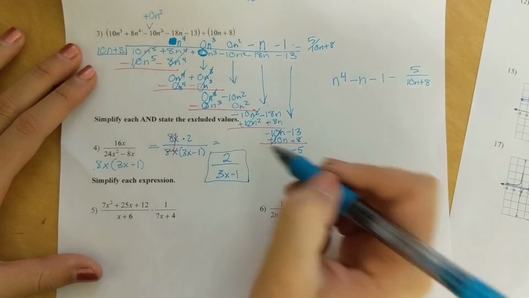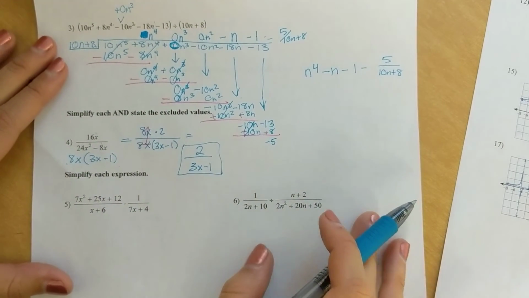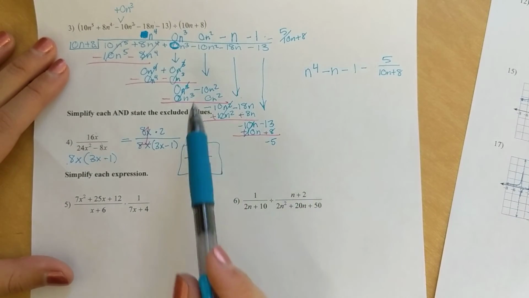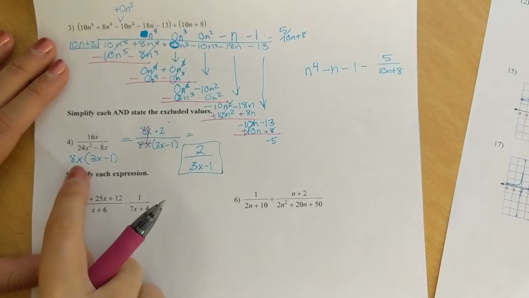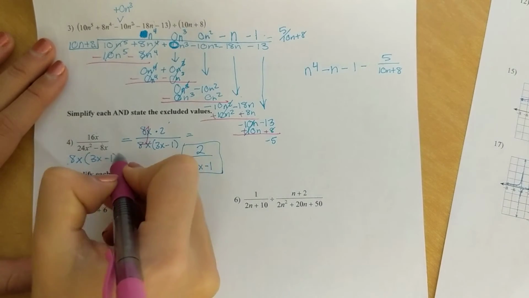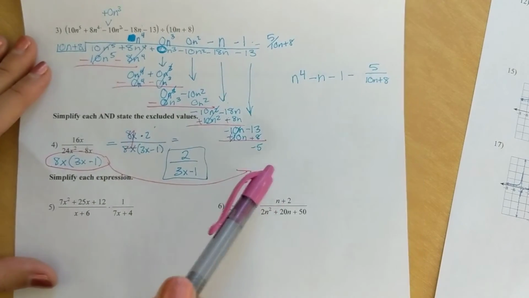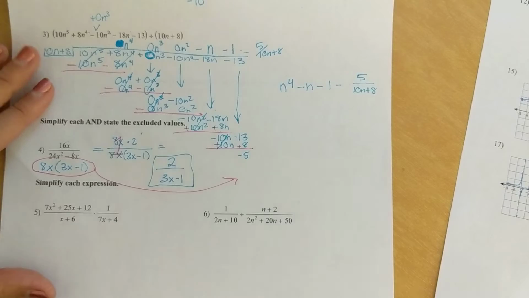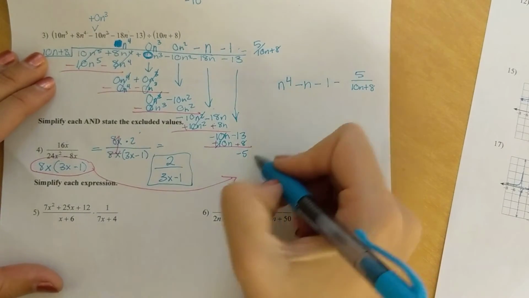Please remember to find those excluded values. Some of us forgot that on the quiz, so make sure you remember to find the excluded values. How do you find excluded values? Go to the factored denominator that you made, make it equal to 0, and whatever you get, that's the excluded value, because your denominator can never equal 0.